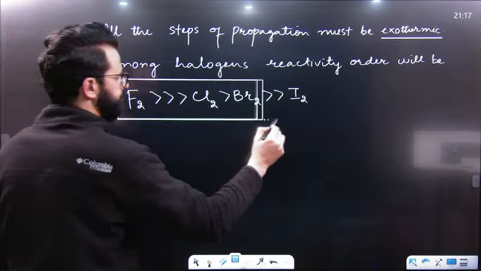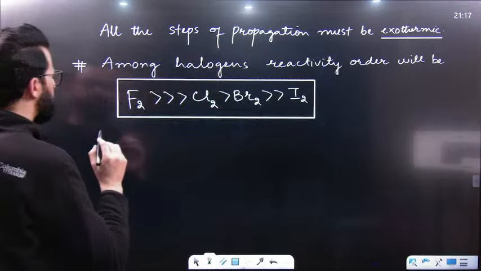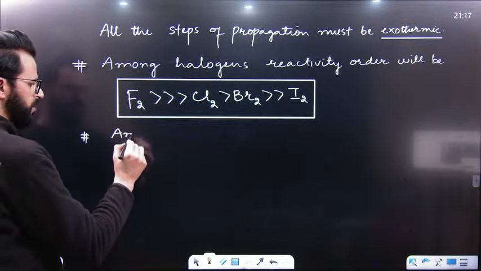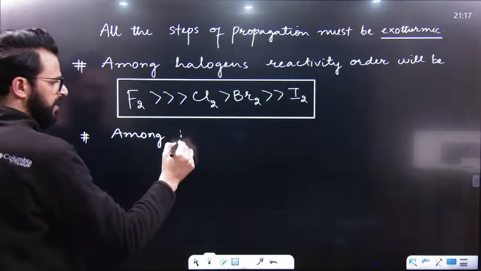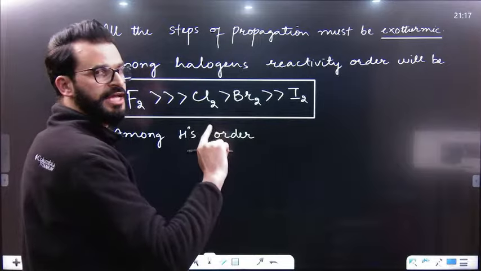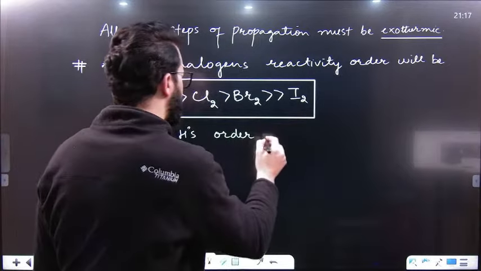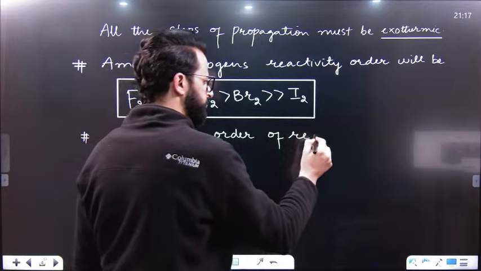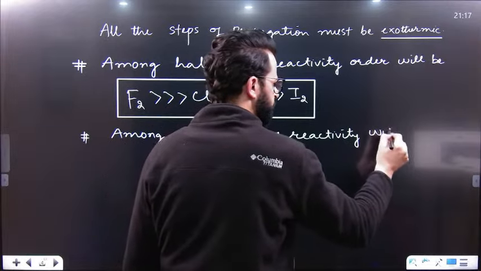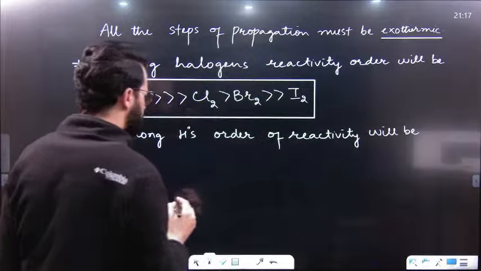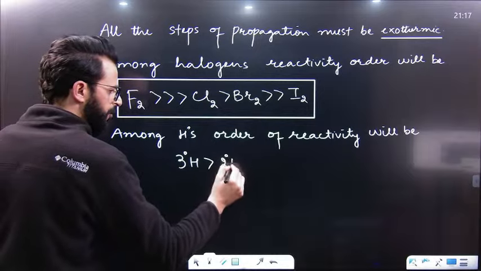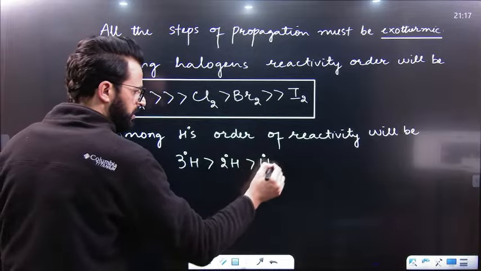After that, another point you have to remember is that among hydrogens, the order of reactivity towards free radical reaction will be 3 degree hydrogen greater than 2 degree hydrogen greater than 1 degree hydrogen.